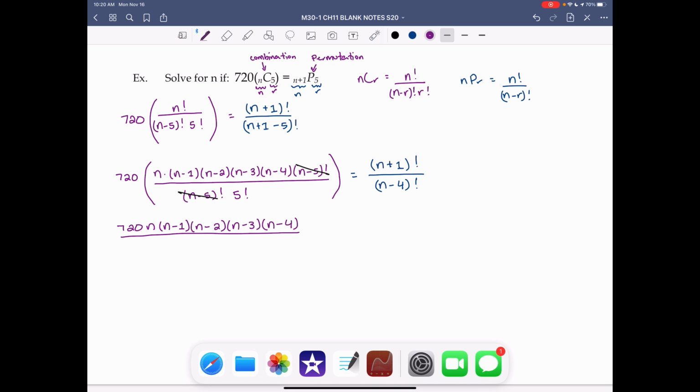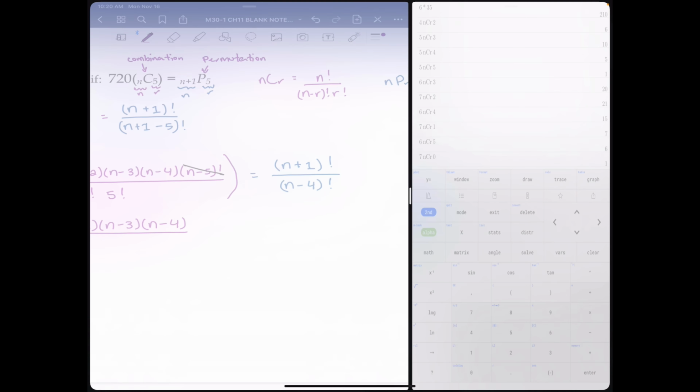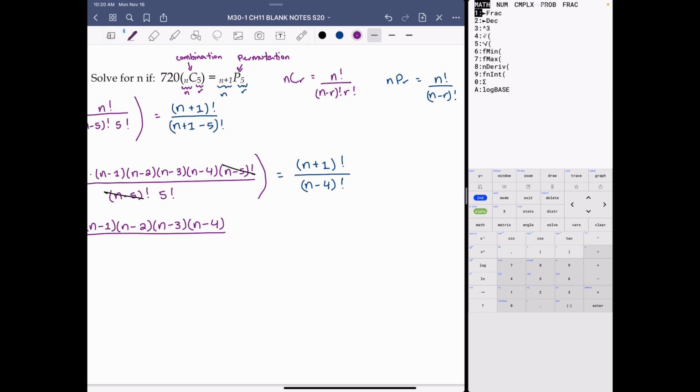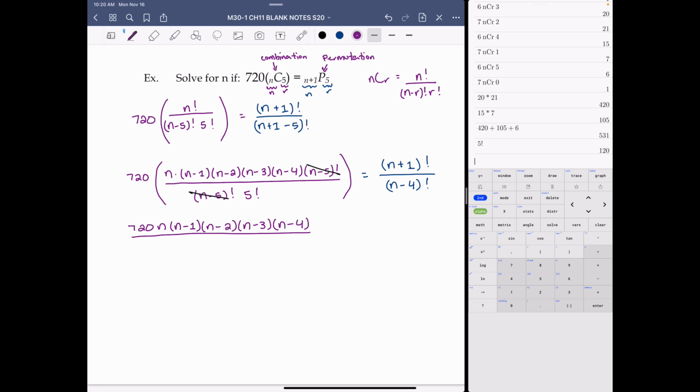Let's calculate that. 5 factorial is 120. And 720 and 120 can be simplified. 720 divided by 120 is 6. So we get 1 on the bottom and 6 on the top.